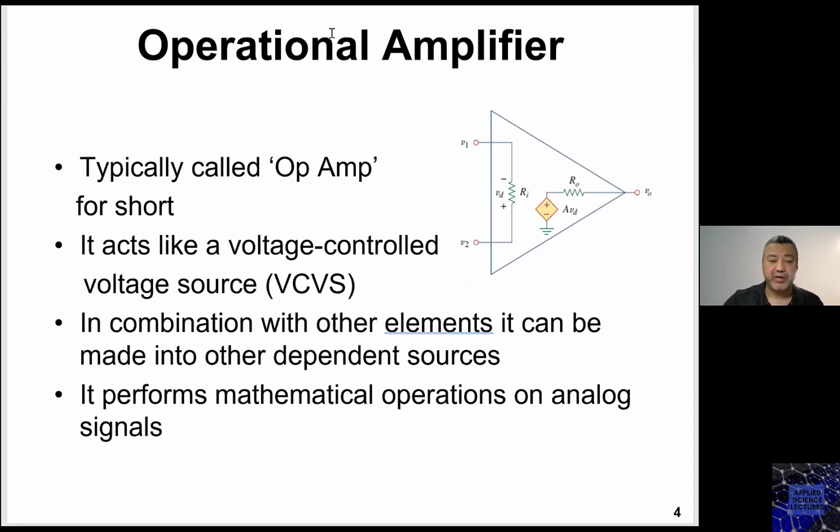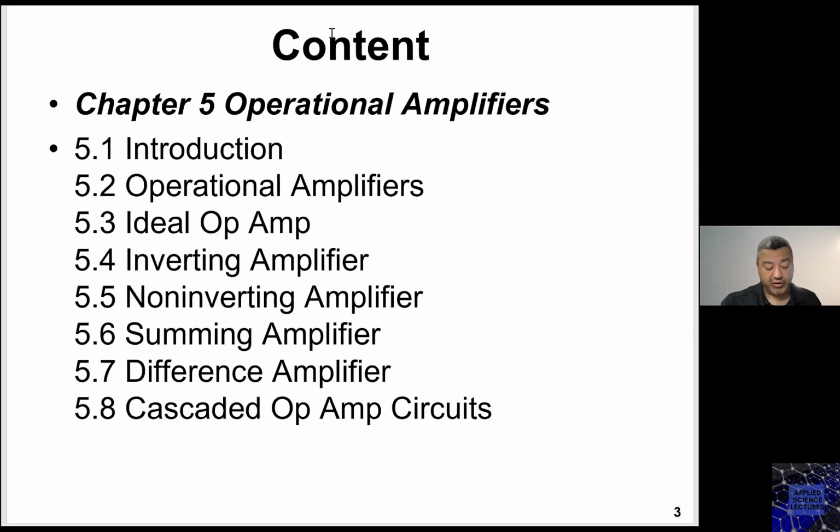This operation amplifier can perform mathematical operations, as we will see later on, using the op-amp circuit. So there are different types of op-amps. We have what's called inverting op-amp or non-inverting amplifier.